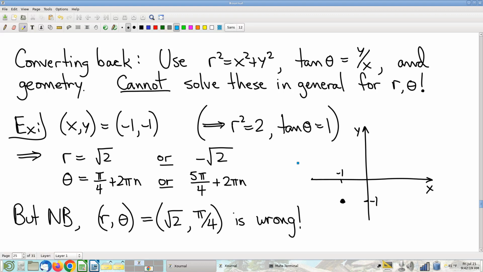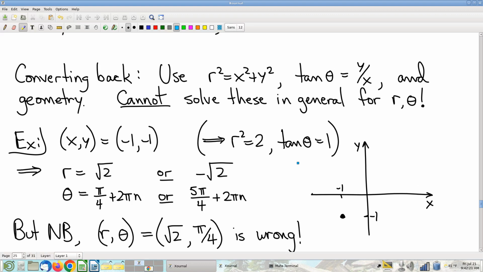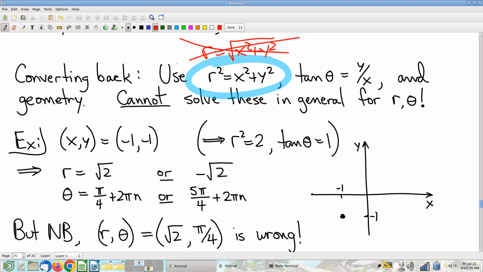So I like to point out that while this equation here is true, this equation here is not necessarily. And it's tempting. So come on, we're right there. Why wouldn't we just go ahead and solve for r? Come on.